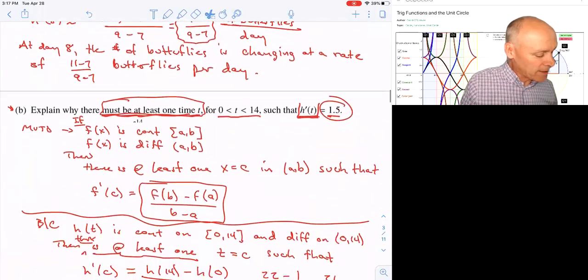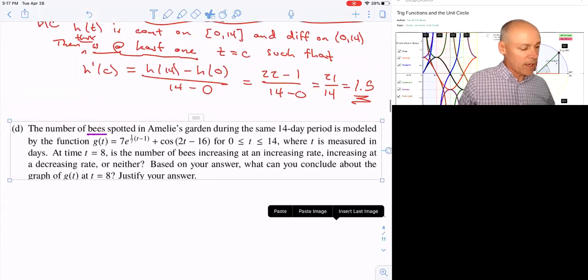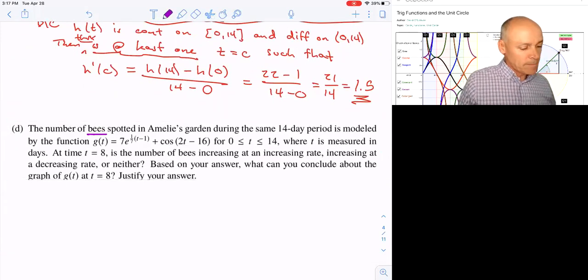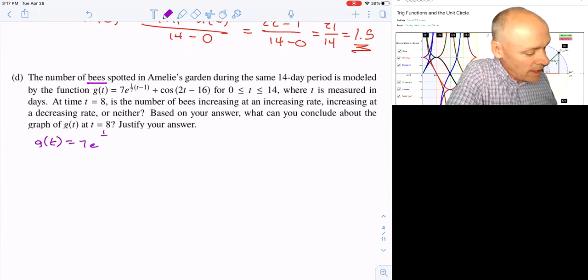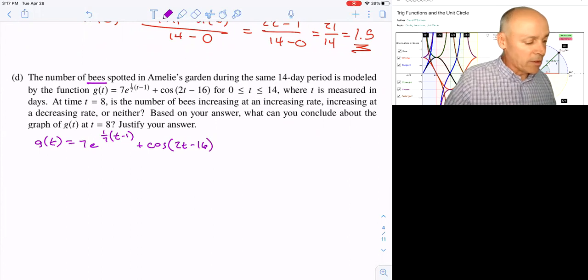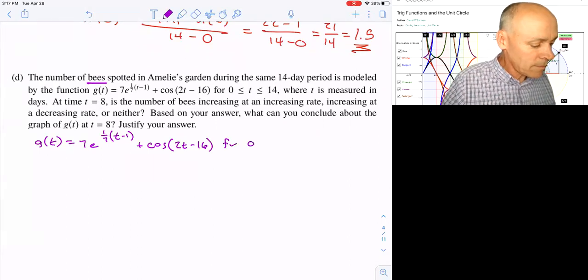Okay, so when we copy that down below, there's part D. We've got g of t is equal to 7e to the 1/7 times quantity t minus 1, plus cosine of the quantity 2t minus 16, over the closed interval from 0 to 14.